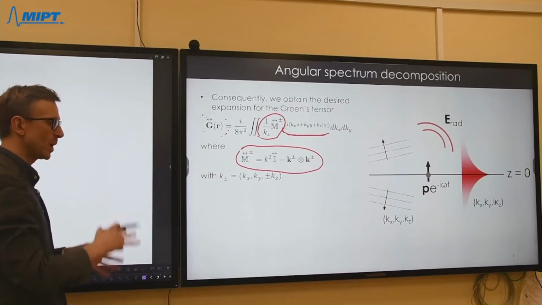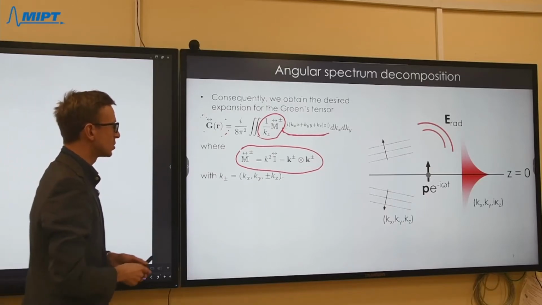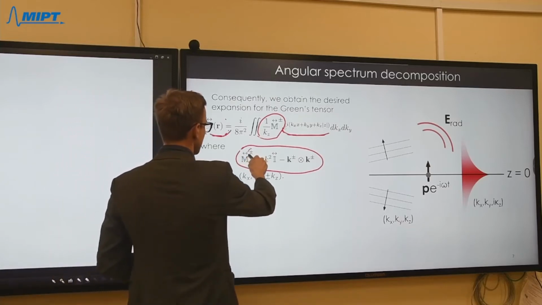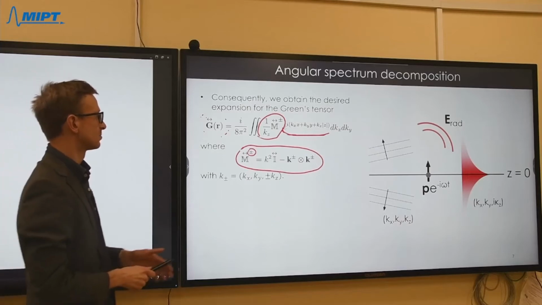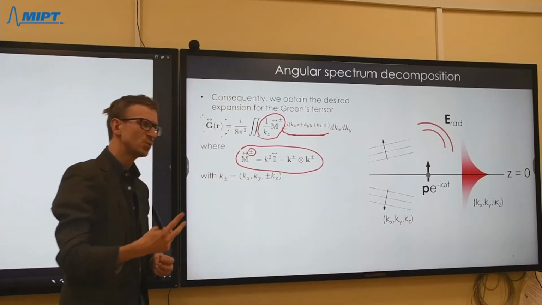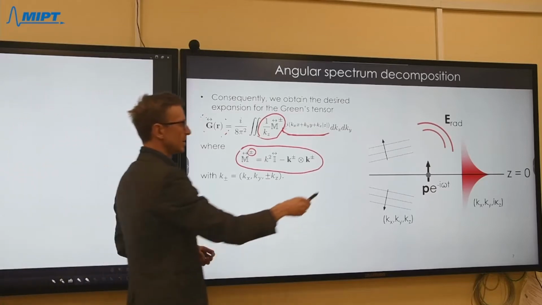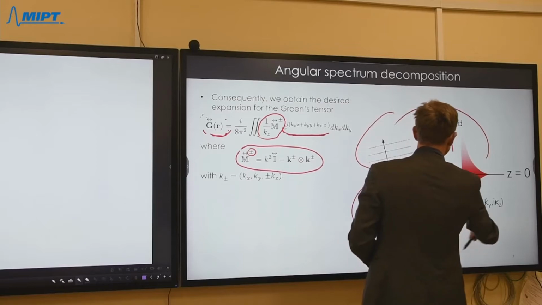It determines the weight and the polarization of every plane wave component. So notice that I have two signs for this dyad M here, plus and minus. This is because this expansion, like I said, is basically two separate expansions in this semi-space and in this semi-space.